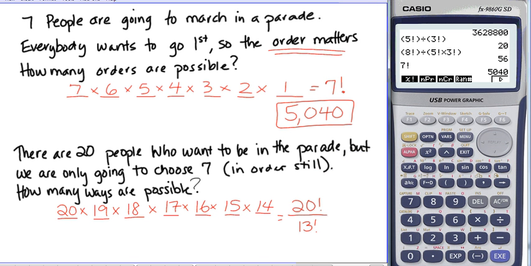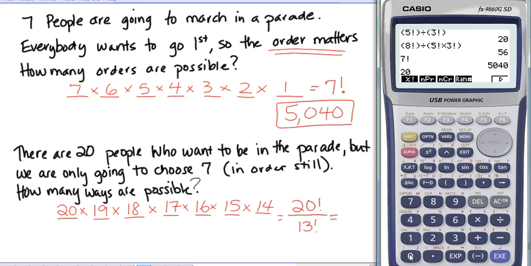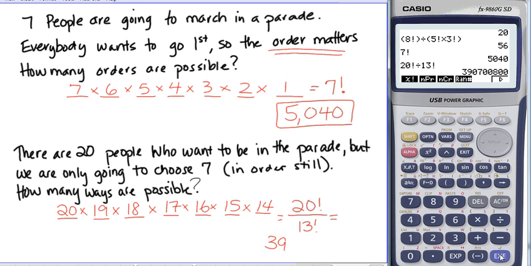Well, where did I get 13 factorial? That's how many weren't left on the end. If I did this, that would be 20 factorial divided by 13 factorial. Oh, I'm not using my parentheses, but the calculator still understands. That gave me 390,700,800 different ways that I can line up 7 people out of a group of 20.